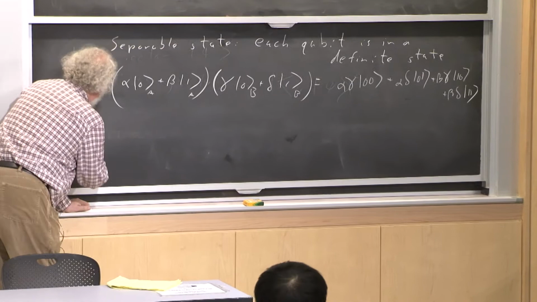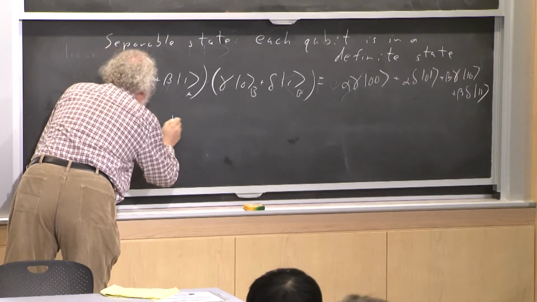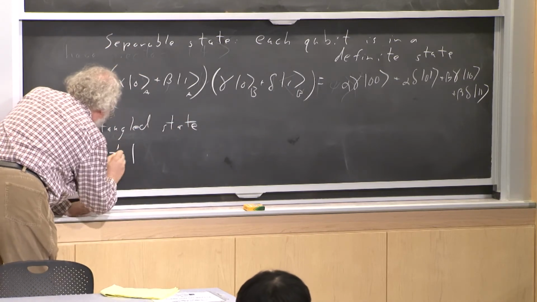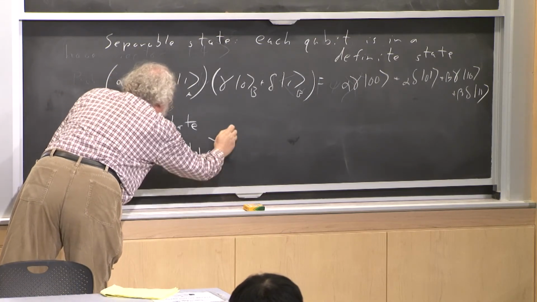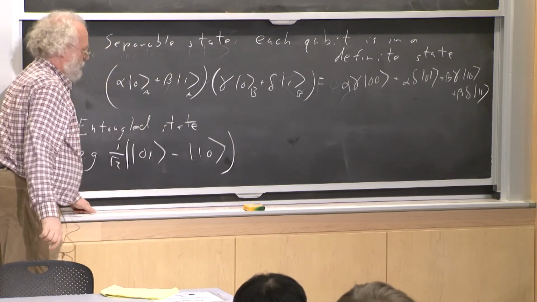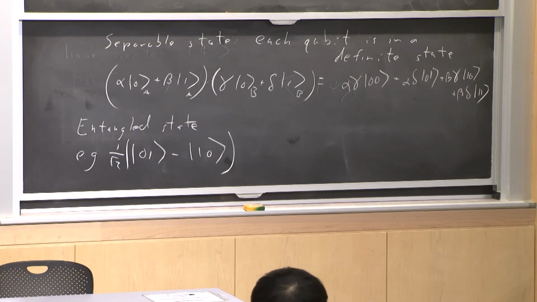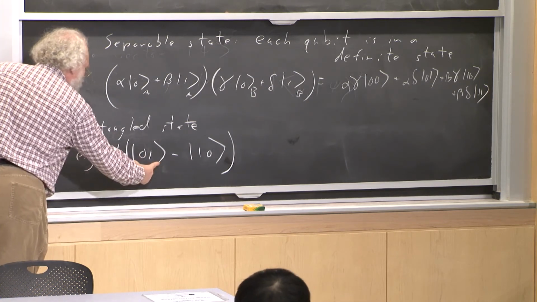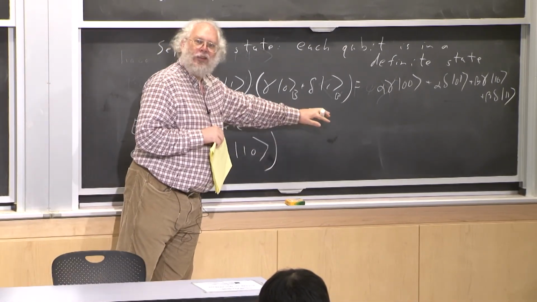Otherwise, the state is entangled, e.g. 1 over root 2 times (0 1 minus 1 0). And here, you cannot separate this state into one state of the first qubit and one state of the second qubit.